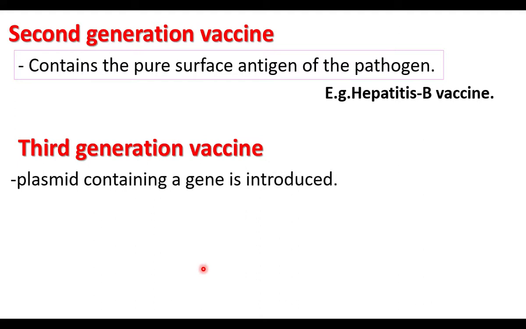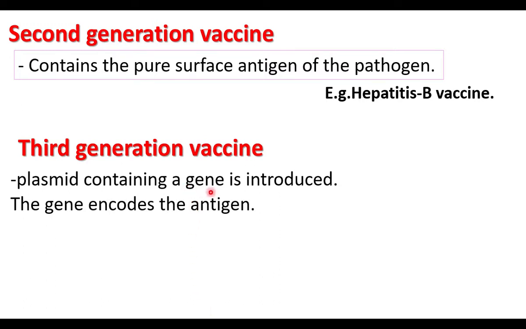Third generation vaccine: a plasmid containing a gene is introduced. The vaccination introduces a plasmid carrying a gene into the body. The plasmid carries the gene into the cell, and inside the cell the gene encodes the antigen.